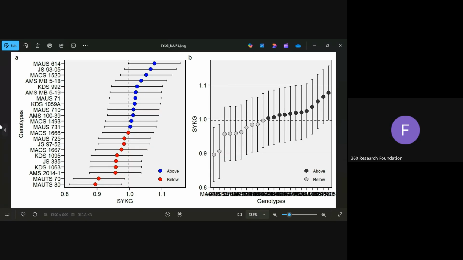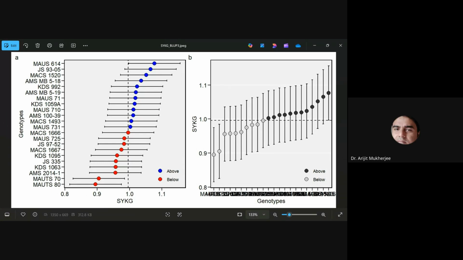So we can take the range from this to this for this genotype. For some genotypes, except the first, the error is coming less than one. But here you need to consider that these lines on either side are the error bars.